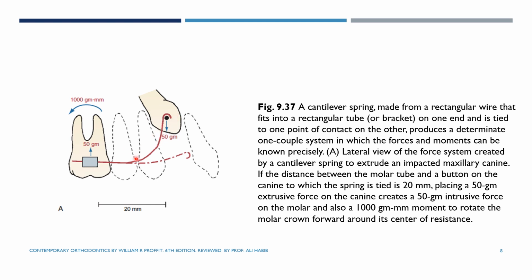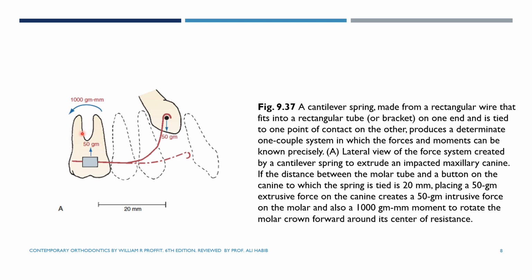And upon activation, if you raise the wire up here, this will activate the couple on the molar tube, which is in the range of how much? The distance between the anterior unit and posterior is 20 millimeter, times the 50 grams.